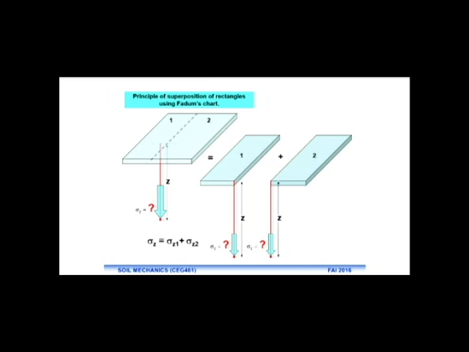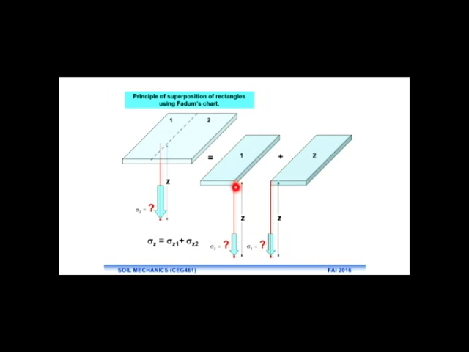Alright. If your point of interest is at the side of your foundation, like this, what you have to do is just divide it into 2, because you have to make sure the point of interest is at the corner of your foundation. So you have foundation 1 and foundation 2.